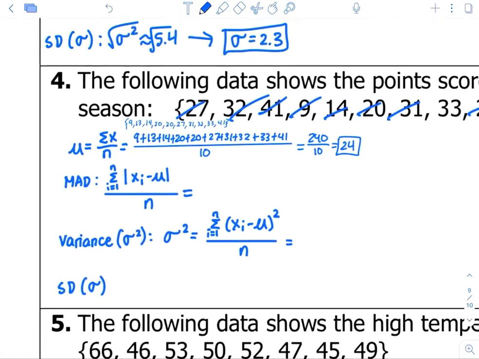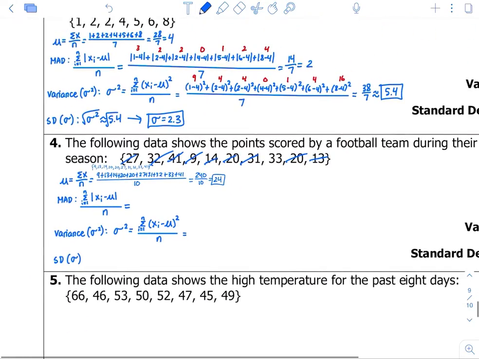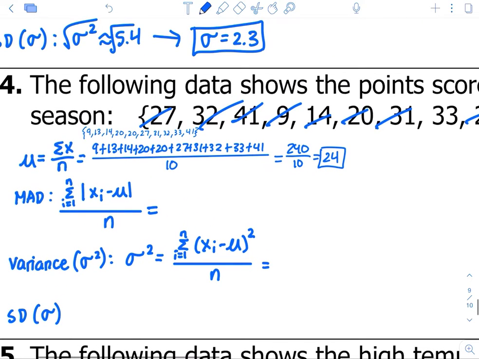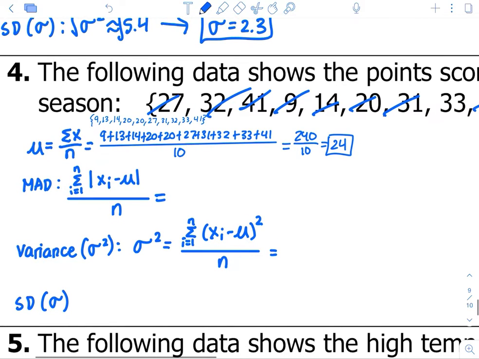So your mean's 24, and now we are going to be doing these. Okay, so we are going to do the first number, which is 9, right? So 9 minus your mean, plus absolute value of your second number, 13. So 13 minus your mean. And it just keeps on going, right? Your third number minus your mean. Your fourth number minus the mean.